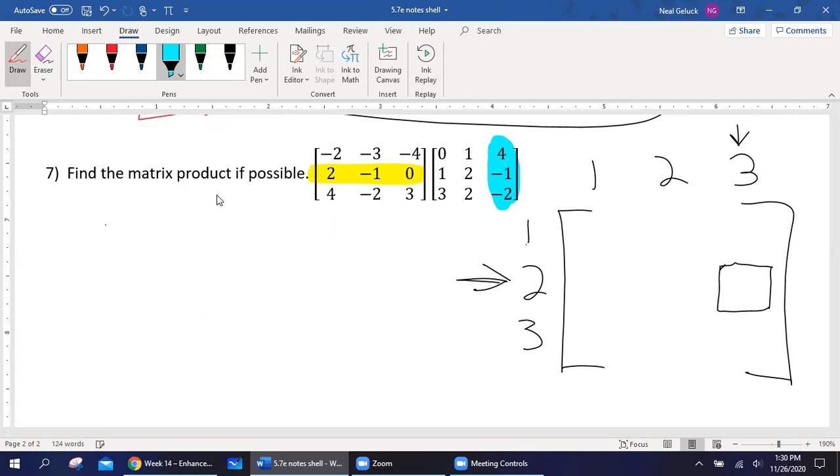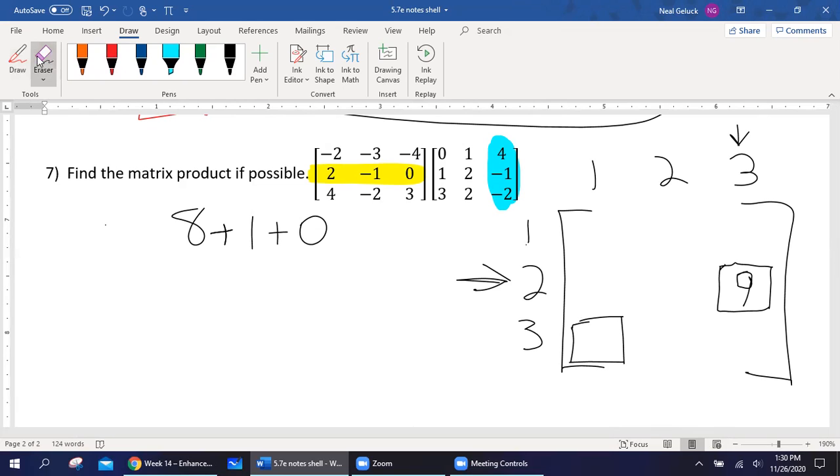So that element, that empty box there, would be 2 times 4, -1 times -1, 0 times -2. Add those together, that element must be 9. Let me show another one. Again, let's say you get lost and it's on this number right here. Well, just ask yourself, what row and what column am I in?